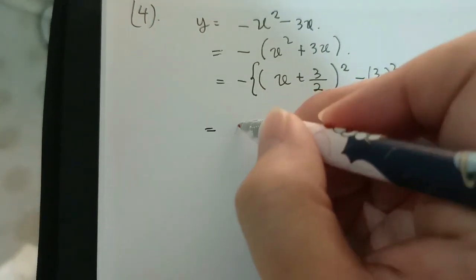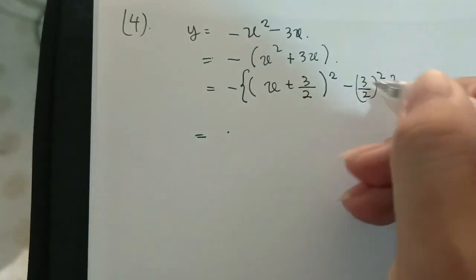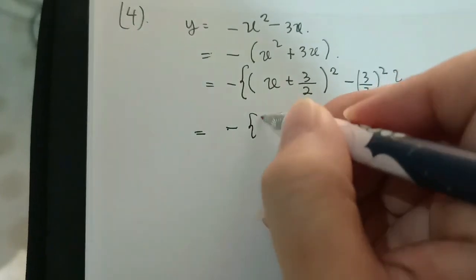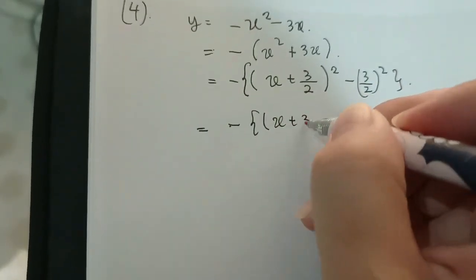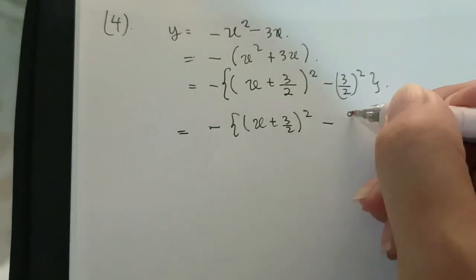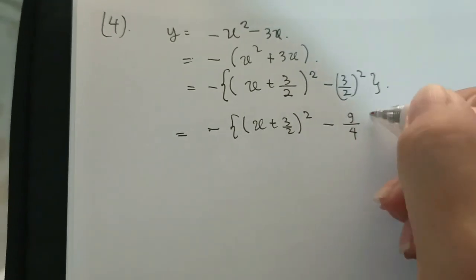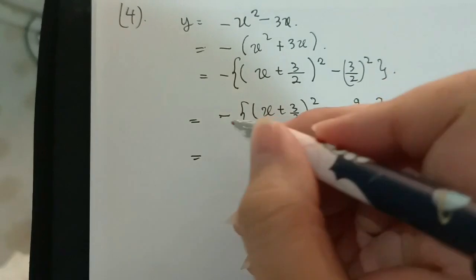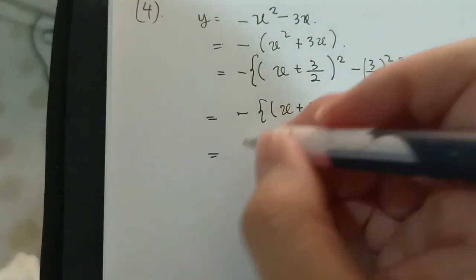We are going to solve this one first. Minus in the bracket, x plus 3 per 2 quadrat minus 9 per 4 in the bracket. We are going to open the bracket.